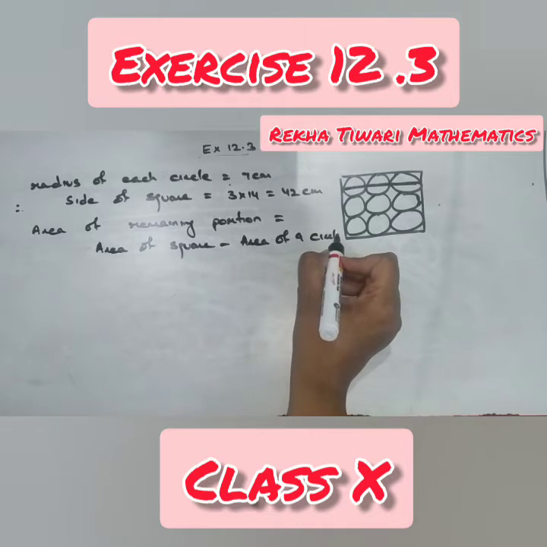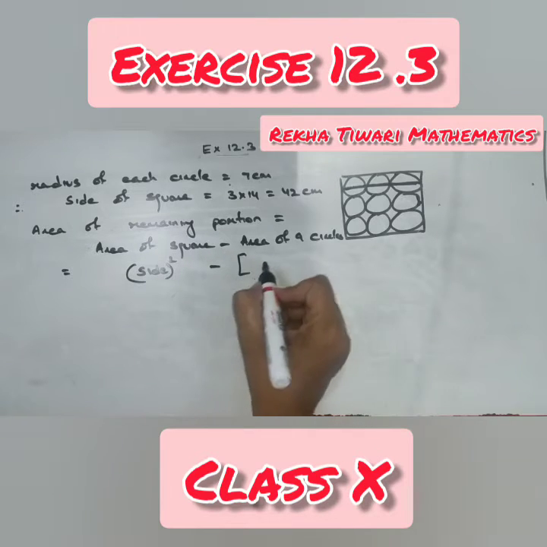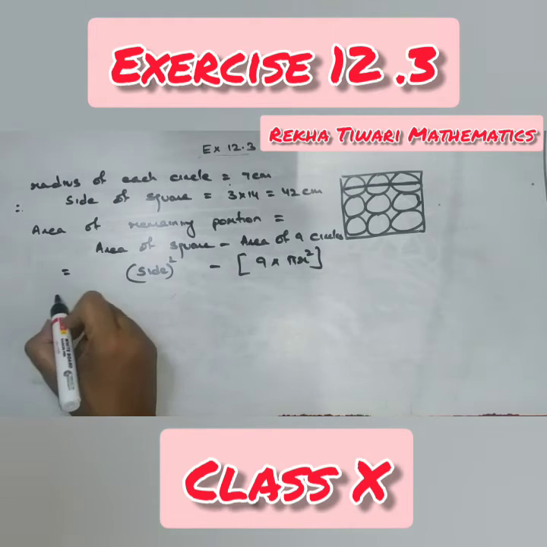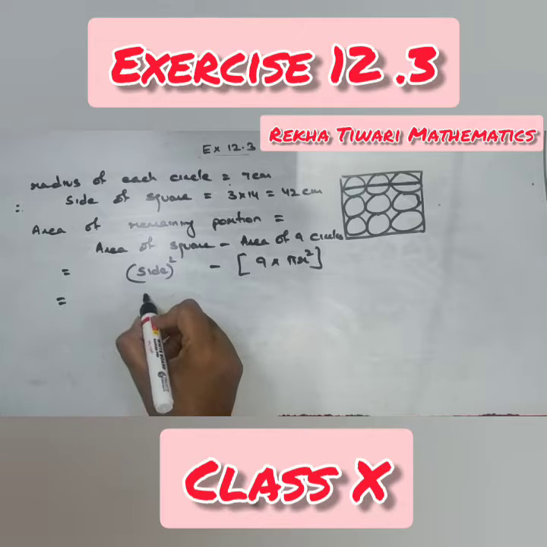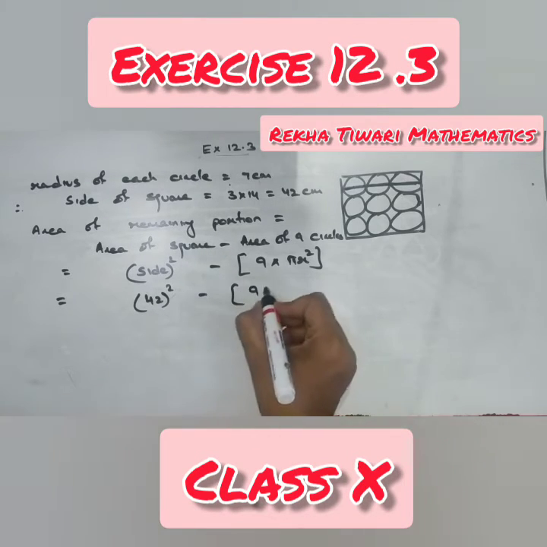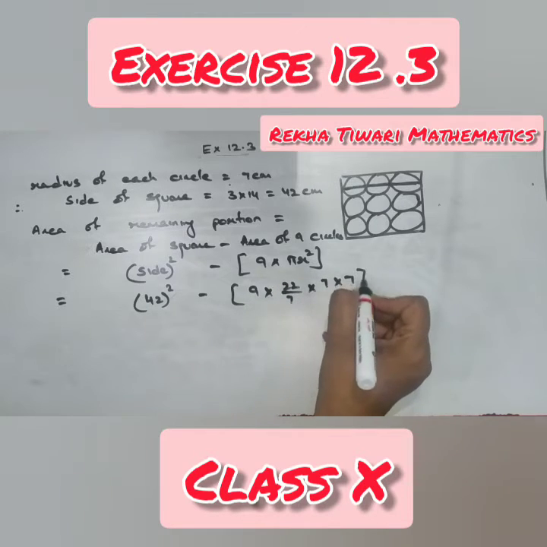What is the formula for area of a square? It is side square. Area of 9 circles, 9 into pi r square. Each circle is equal in size. So side is 42 square minus 9 into 22 by 7 into 7 into 7.